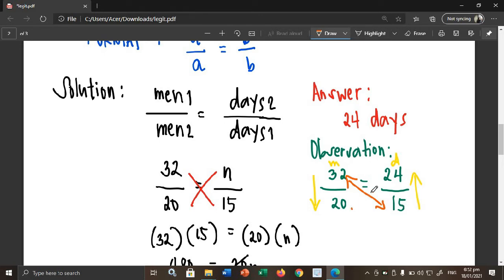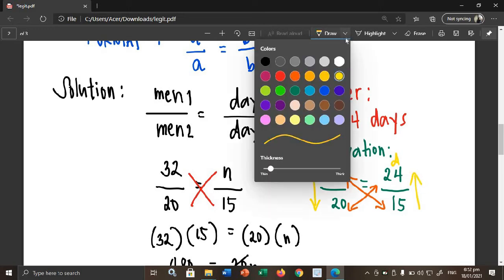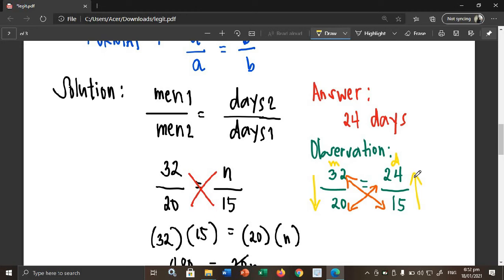Yung 32 men, para ma-reap nila yung isang field, 15 days yung kailangan, di ba? Paano kapag naging 20 na lang yung 32? Of course, it will take them a lot of time or a lot of days, greater than yung days na kailangan ng 32 men to reap the field. So, from 15 days, kung 20 men na lang yung magre-reap ng field, magiging 24. Okay?